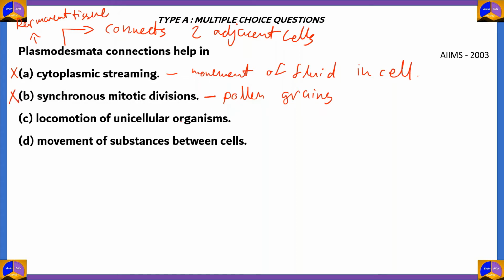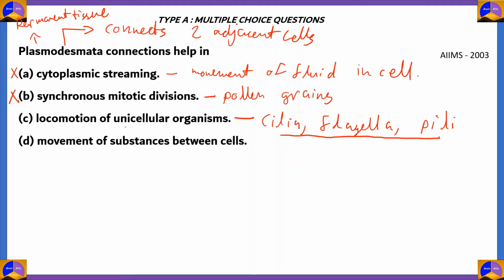What about option C, locomotion of unicellular organisms? Locomotion of unicellular organisms is undertaken with the help of cilia, flagella, or in some cases, pili. So these are the organelles which help in locomotion.